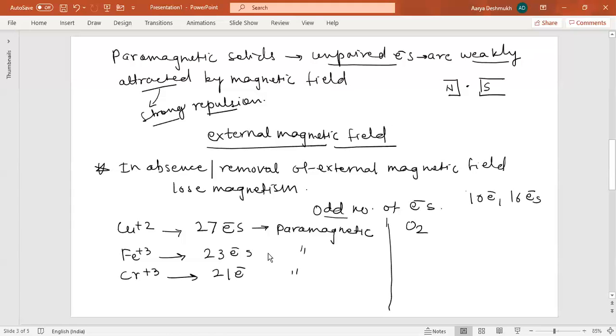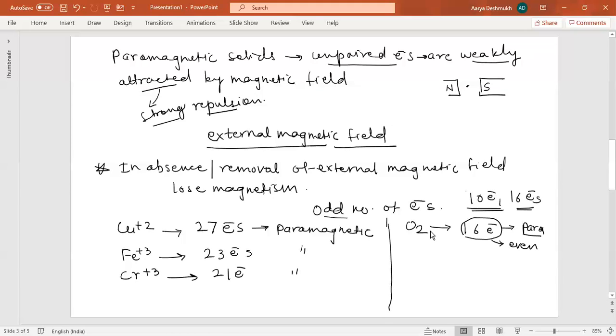If the total is coming out to be 10 or 16, even though these numbers are even, still they are behaving like a paramagnetic one. Okay, so oxygen here, 8 plus 8, it gives 16 electrons, and it is paramagnetic in nature. Even though it is an even number, still it behaves as a paramagnetic one.